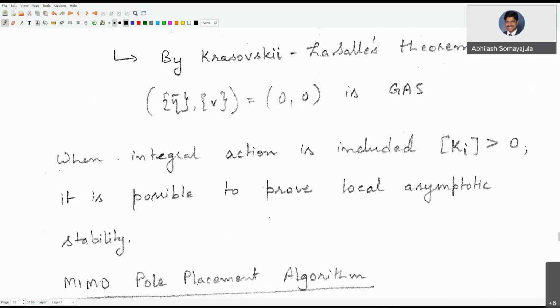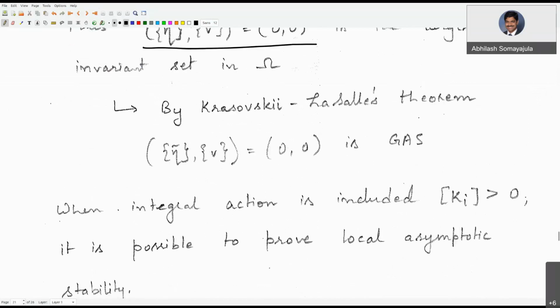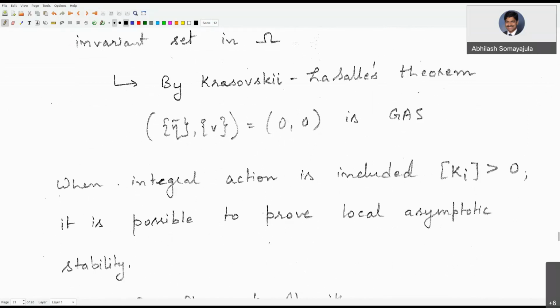The integral action is needed to compensate for the disturbance effects, so the steady state error is driven to 0. But what we lose is the guarantee of global asymptotic convergence; we only get local asymptotic convergence. One has to make this compromise when designing the control system, to see which gives the best fit for our problem.